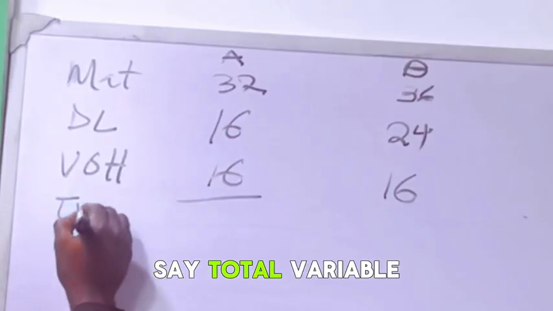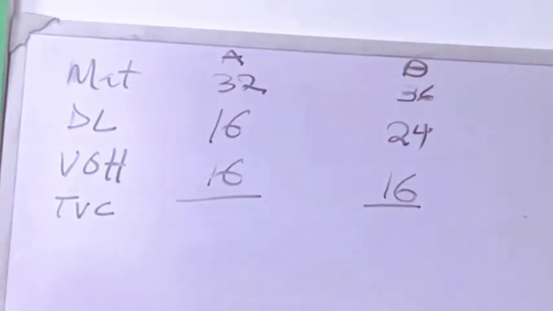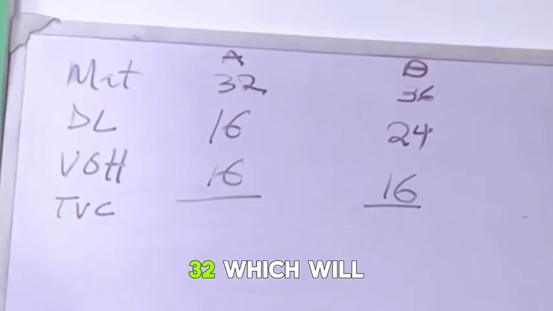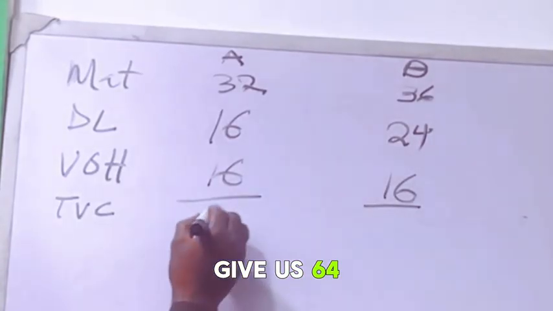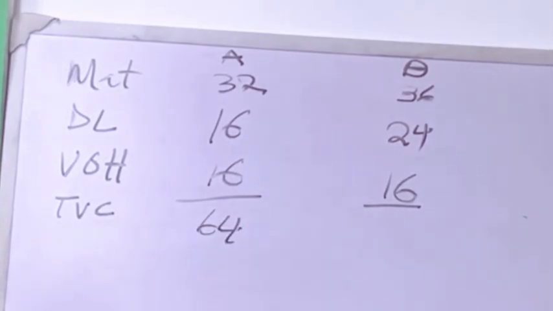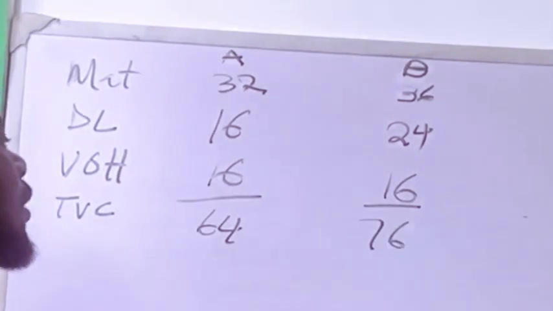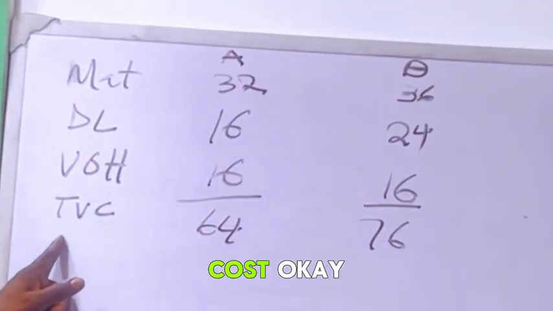For A, we have 32 plus 16 plus 16, which will give us 64. So we have 64 here. Now for B, we have 36 plus 24 plus 16, which will give us 76. So this is total variable costs.